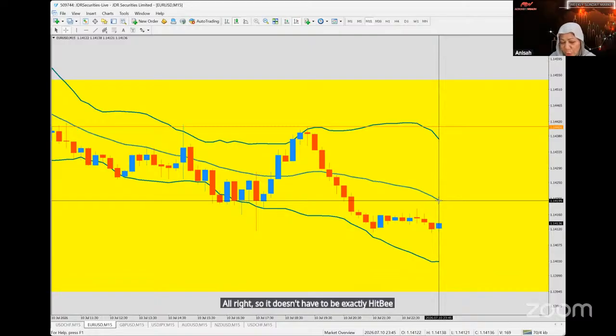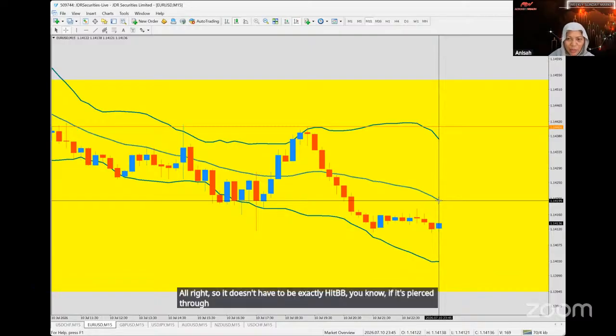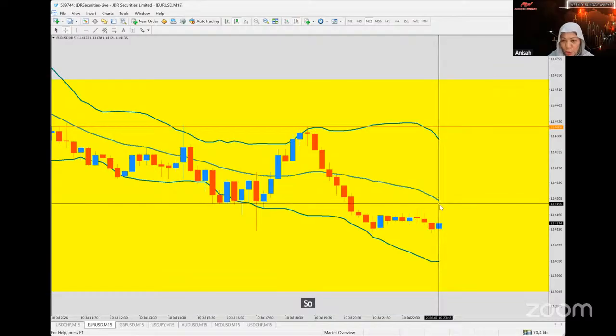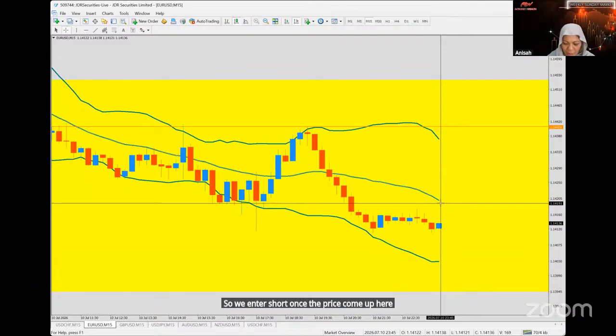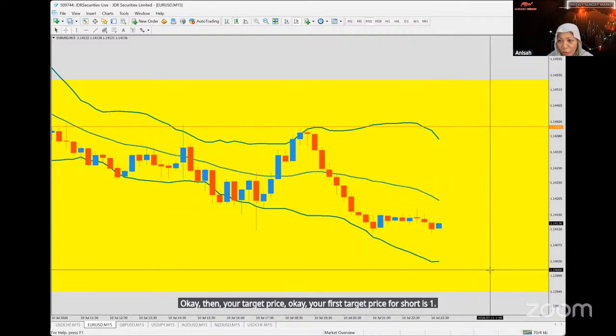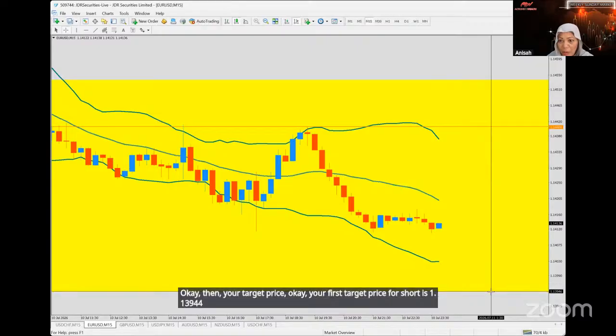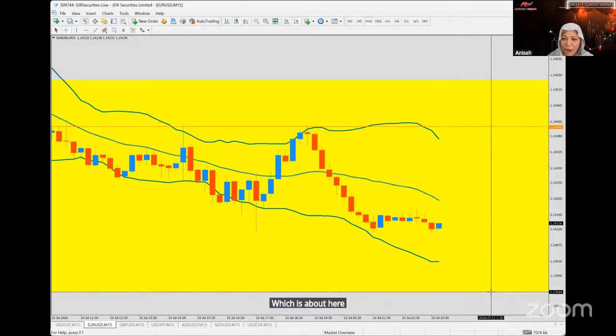If it pierces through a little bit, we can still enter. So we enter short once the price comes up here. Then your first target price for short is 1.13944, which is about here, the bottom of that rectangle.